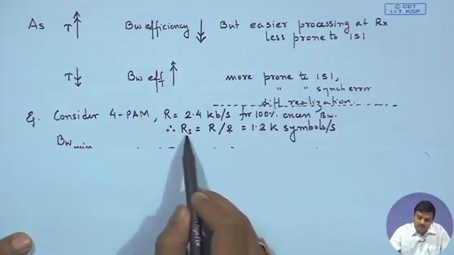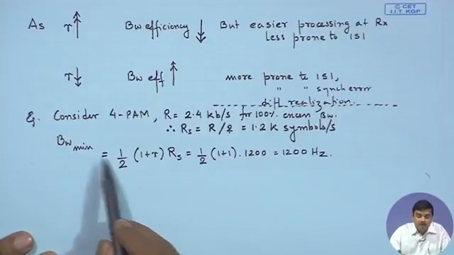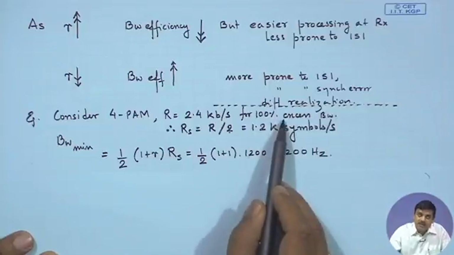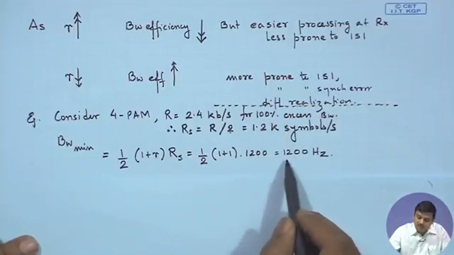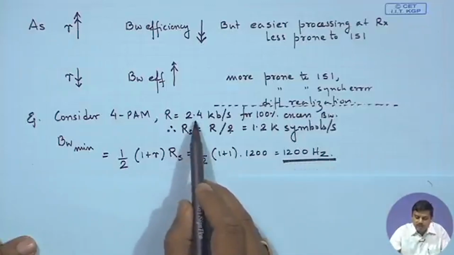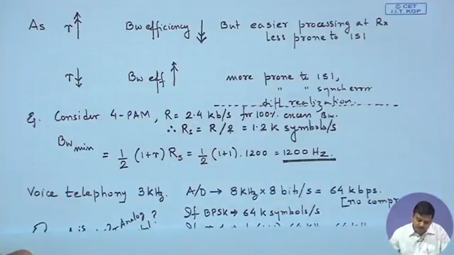So, bits per second are converted to symbols per second, and the minimum bandwidth required is half of 1 plus the roll-off factor times R s. The roll-off factor is 1 because it says 100% excess bandwidth is available. You can use 1.2 kilohertz to communicate 2.4 kilobits per second. That is what we get over here.